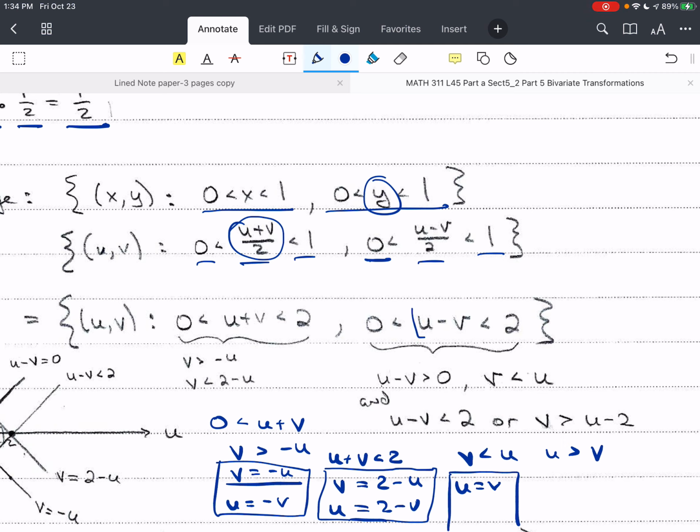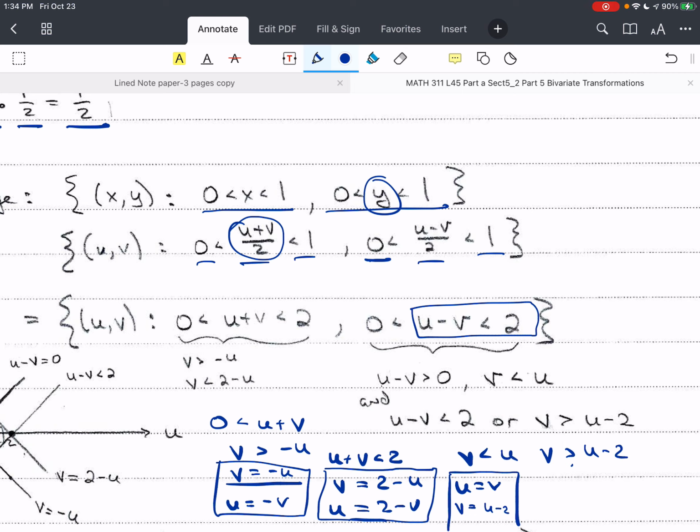I'm going to look at u minus v is less than 2. I can solve that for v, and so that would be v is greater than u minus 2. So the line is going to be v equals u minus 2.